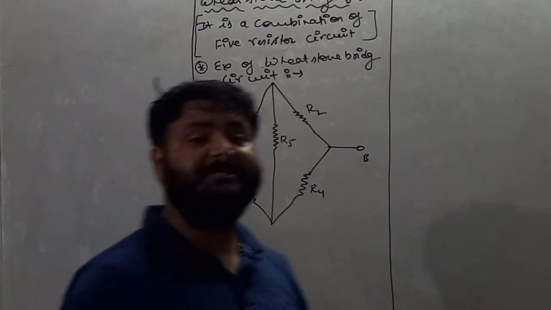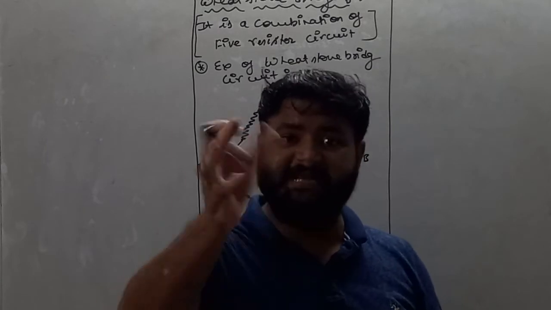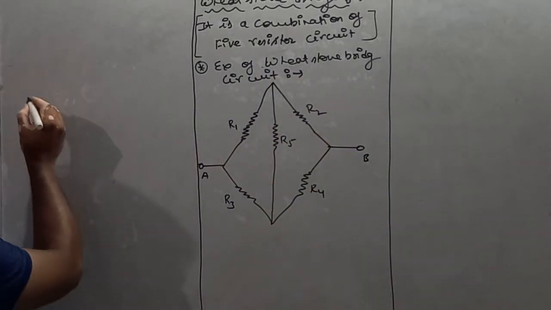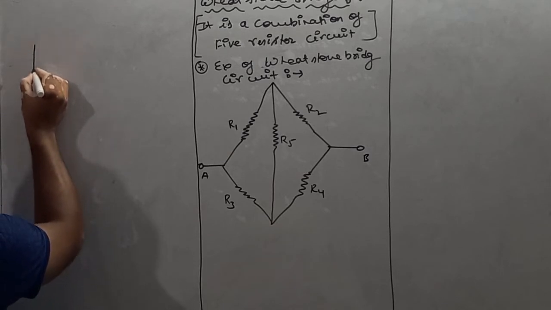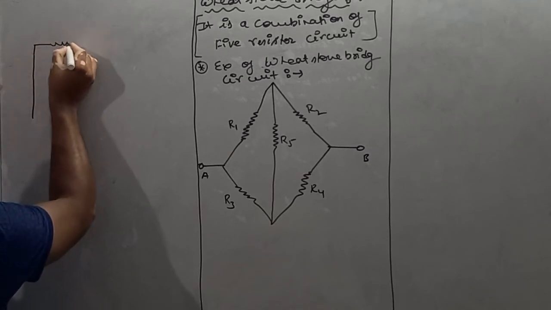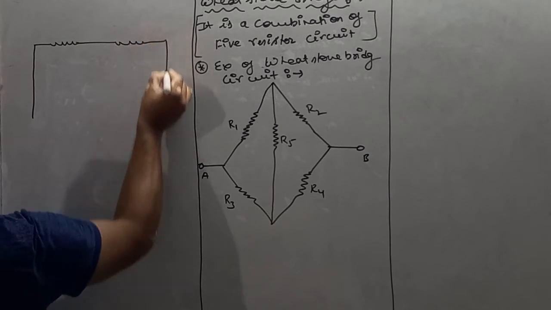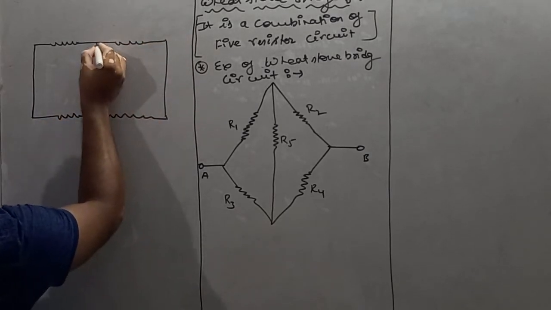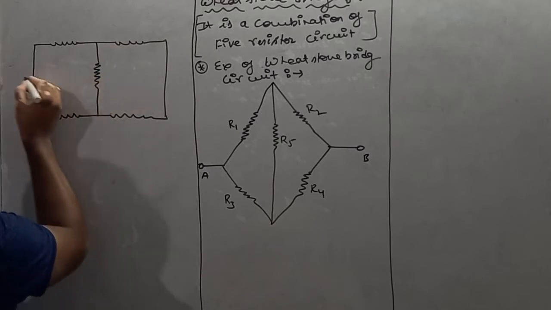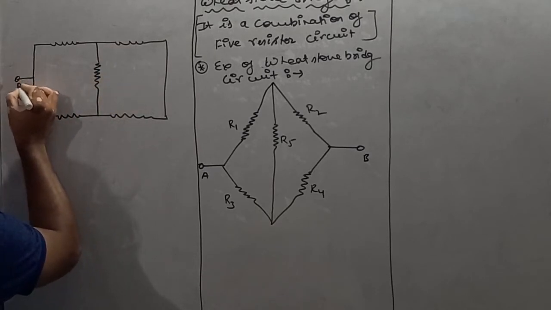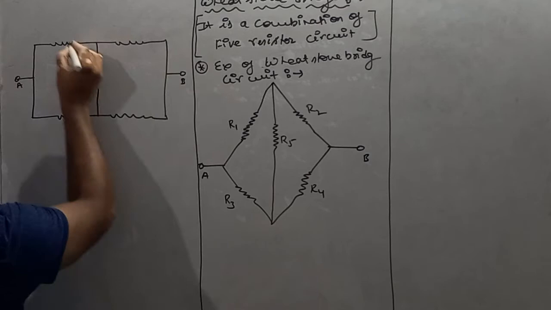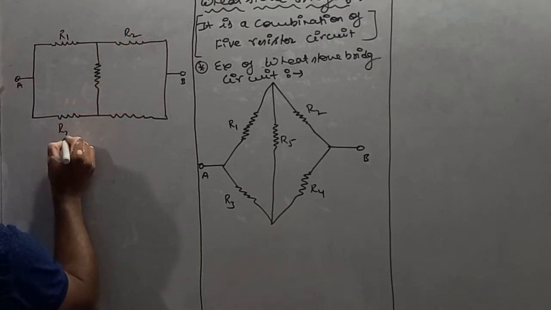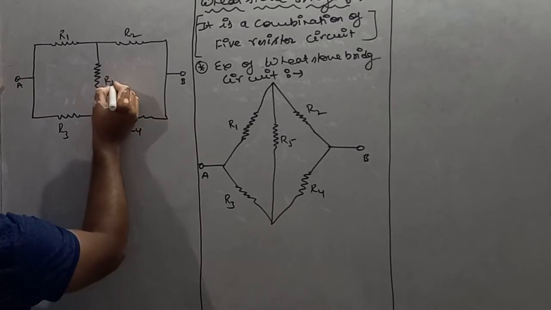So a combination of 5 resistors in any kind of structure. Sometimes the structure will look like this. Let's suppose we have one resistor, another resistor, third resistor, fourth resistor, and this is our fifth resistor. So here come A, B. This resistor is R1, this is R2, R3, R4 and R5.